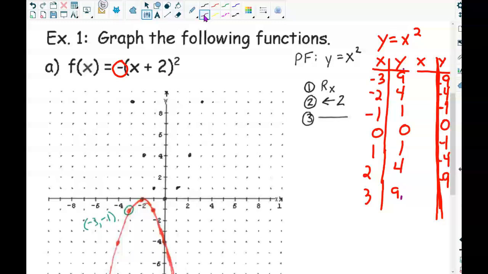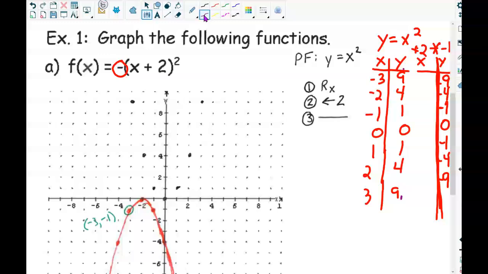Then I'm going to go which way with the x? Left 2, correct? So I'm going to subtract 2 from every one of those x values. I multiplied all the y's by -1, correct? I negated all of them. Now, what am I going to do with the x's? I'm going to add 2.